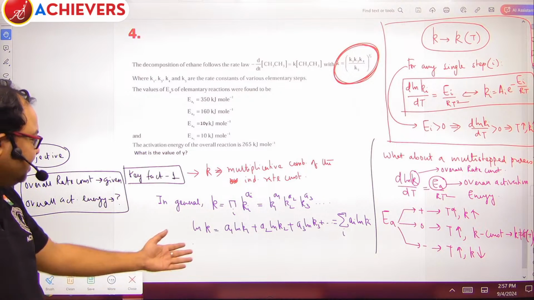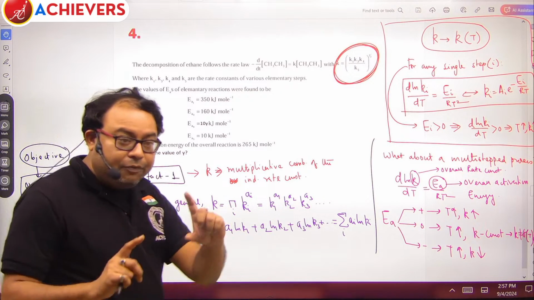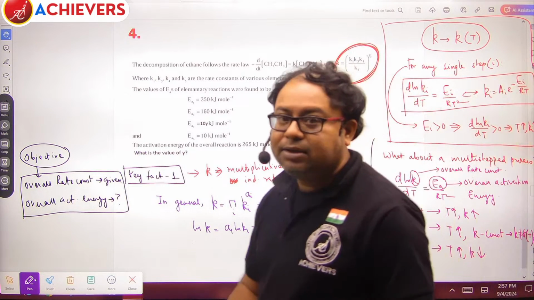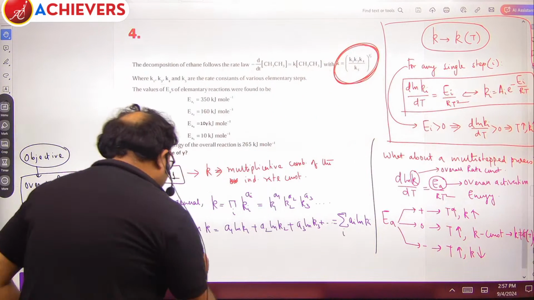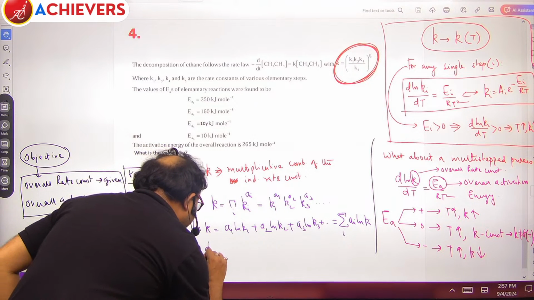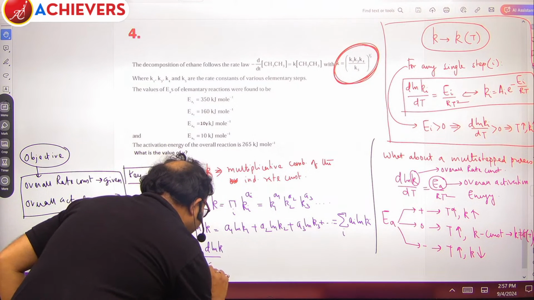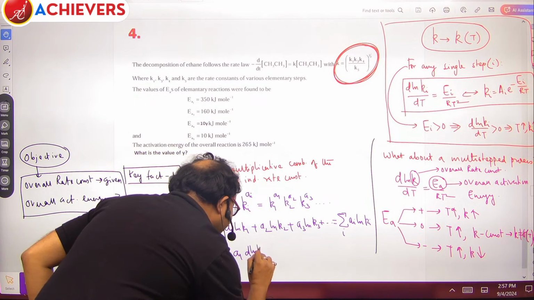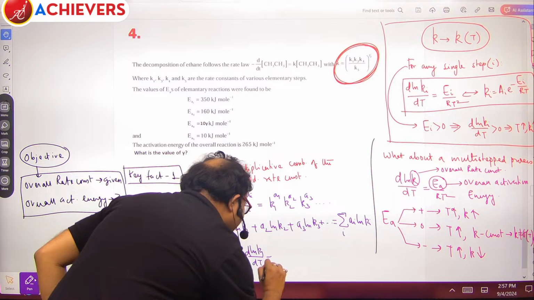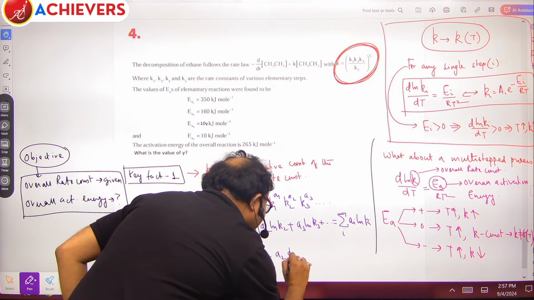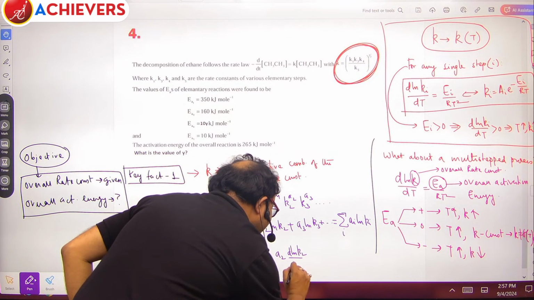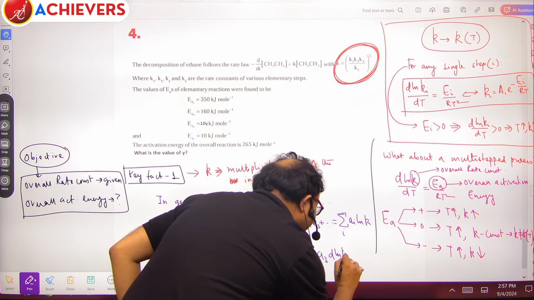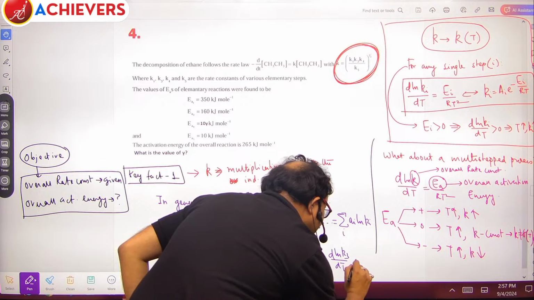So if you take logarithm of a multiplicative series, it becomes a summation series. Now you differentiate both sides with respect to temperature. A1 dlnK1/dT plus A2 dlnK2/dT plus A3 dlnK3/dT and so on.